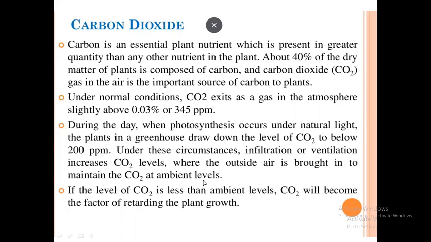As the boundaries of the structure are enclosed and the photosynthesis reaction continues, plants consume the carbon dioxide present in the greenhouse air, and that is why the concentration of this gas declines up to 200 ppm.